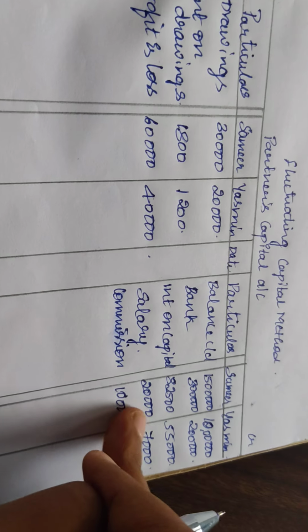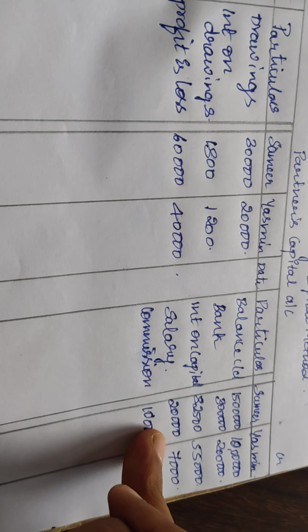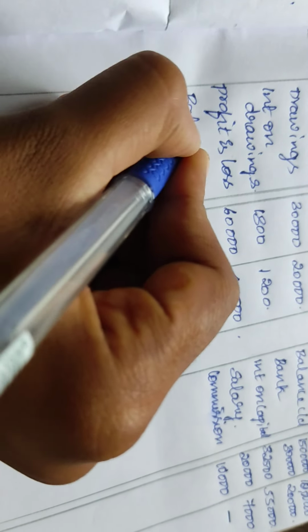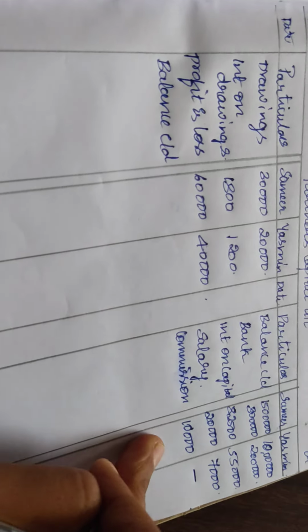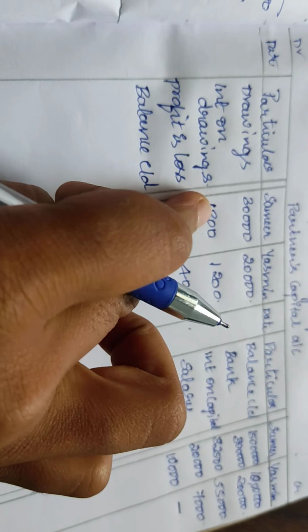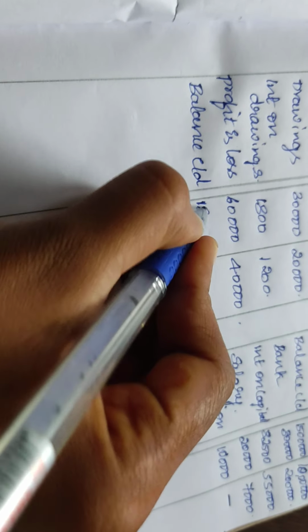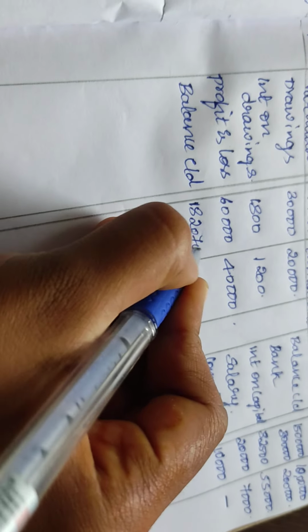So the total of this side is 19,12,500. So here we have less. So balance carried down 19,12,500 minus 30,000 minus 1,800 minus 60,000 comes to 18,20,700.